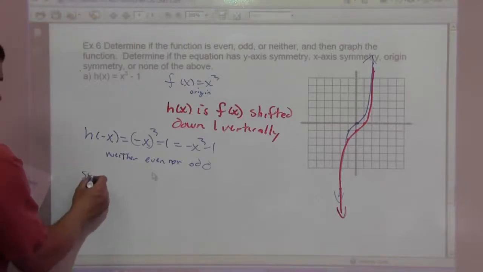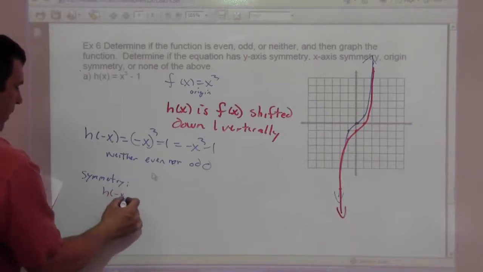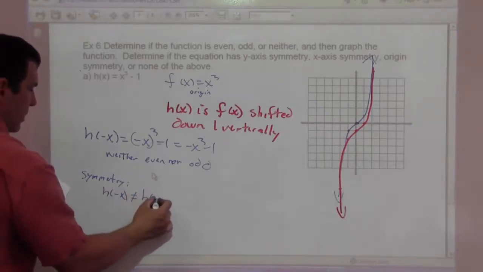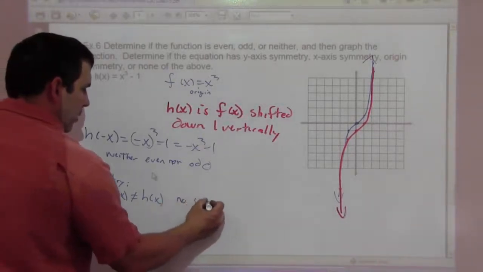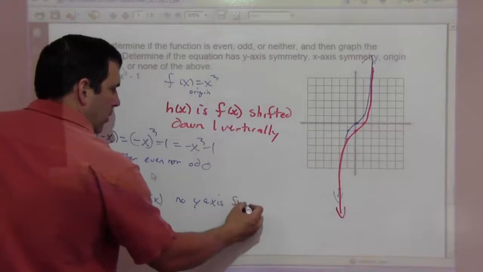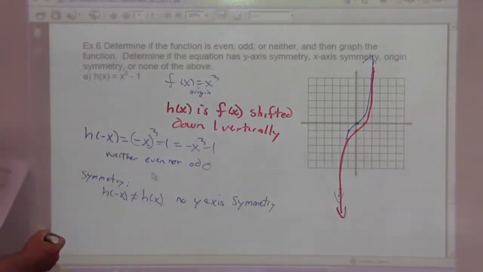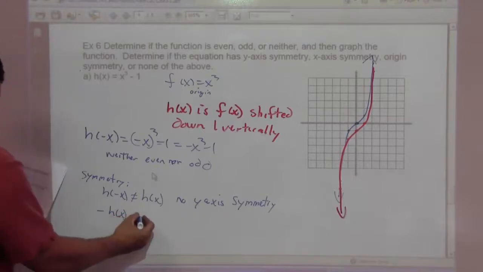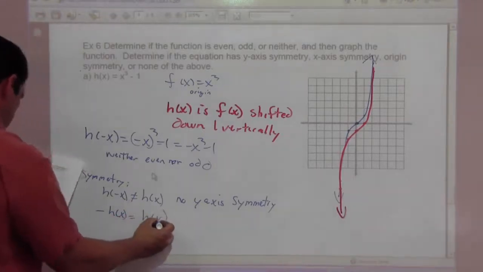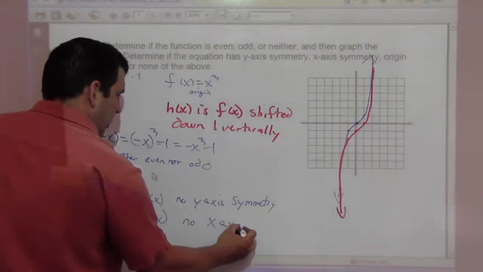As far as symmetry goes, h of negative x is not equal to h of x, so no y-axis symmetry. The negative of h of x is not going to be equal to h of x, so no x-axis symmetry.